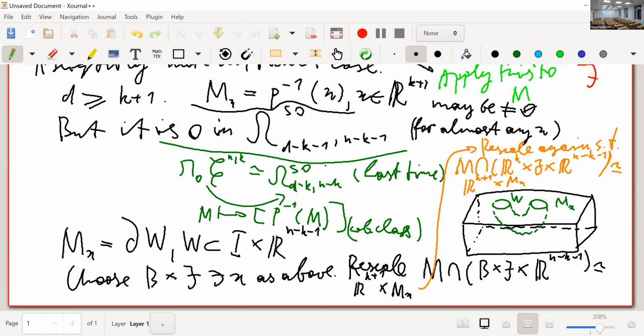Well, by changing M in a neighborhood of the preimage of a small disk, we can make sure that what happens in this neighborhood looks like R^(k+1) cross Mx.